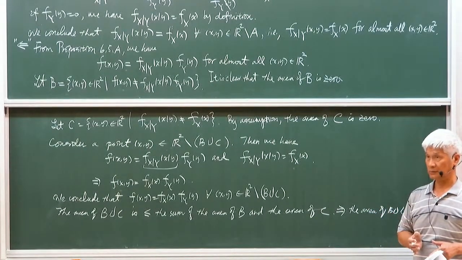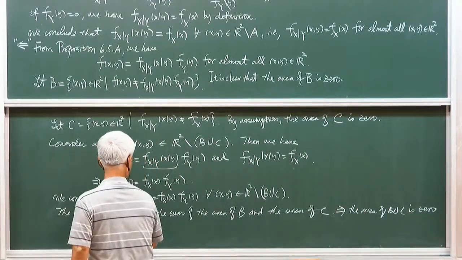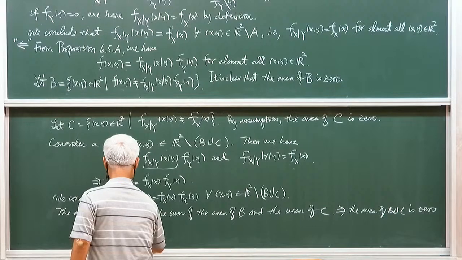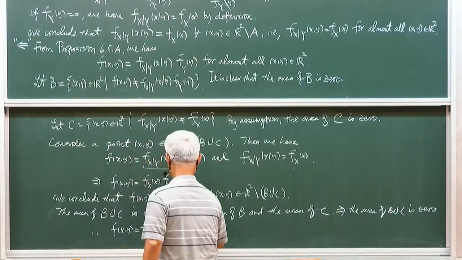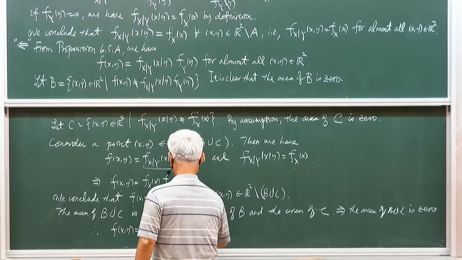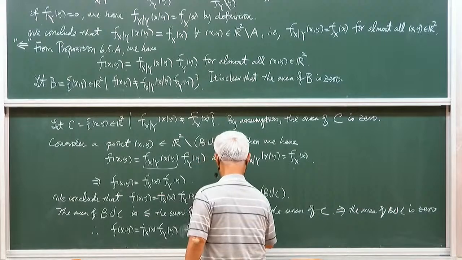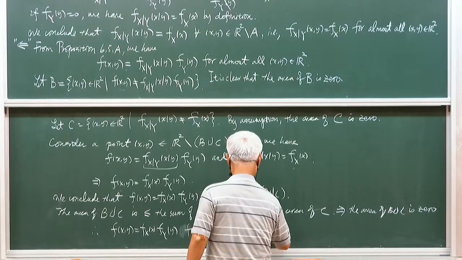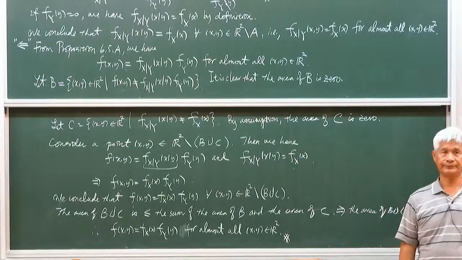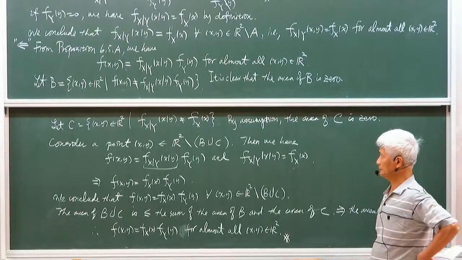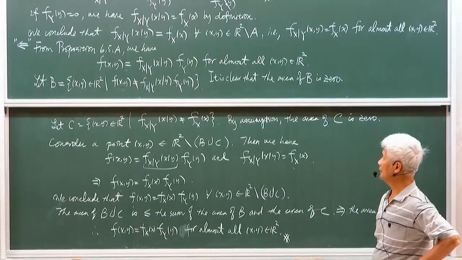Okay, and because the area is 0, the identity holds for almost all points (x, y) in R squared. Right.